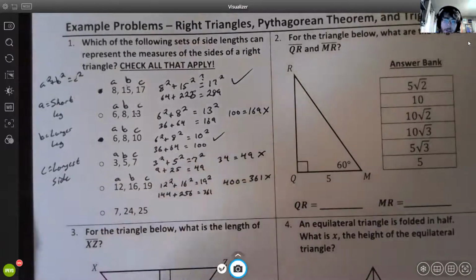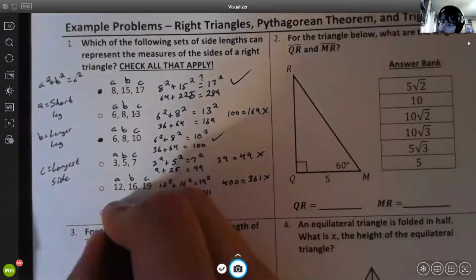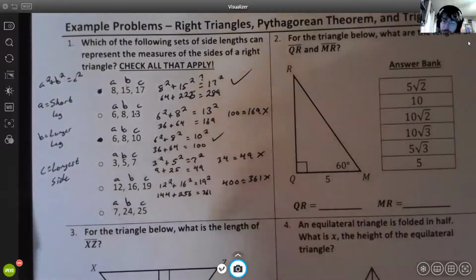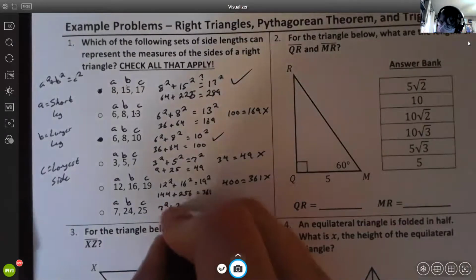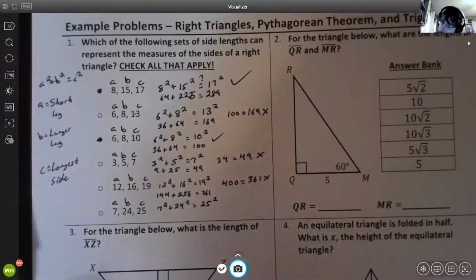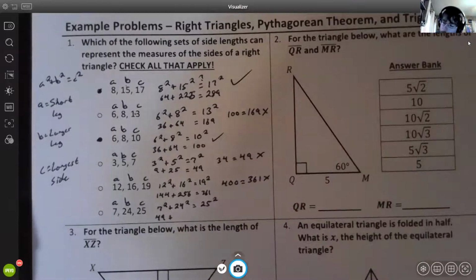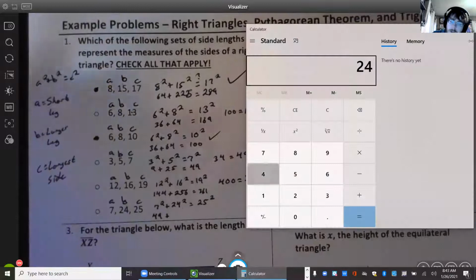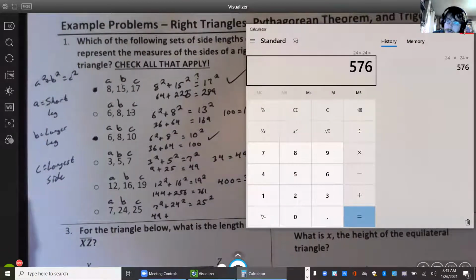And then 7, 24, and 25. Our C value is 25, our A value is 7, and our B value is 24. So we take 7 squared plus 24 squared and see if it's equal to 25 squared. 7 squared is 49. 24 squared is 576.